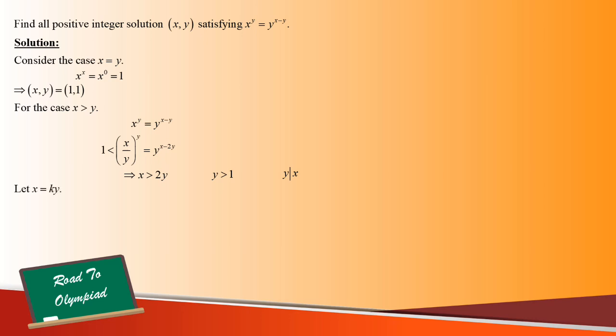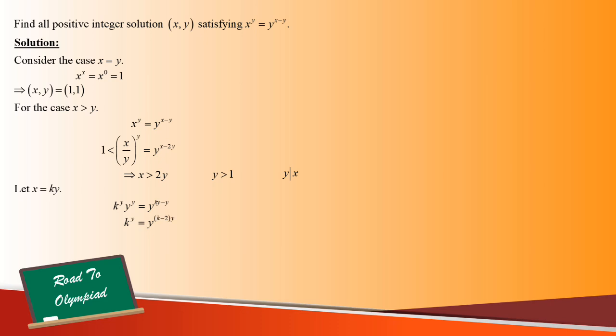With this, we can let x be equal to ky for some positive integer k, and thus we get this one, which we can expand and simplify into this by dividing y to the power of y on both sides. Notice that the right hand side can be simplified as y to the power of (k minus 2) times y.